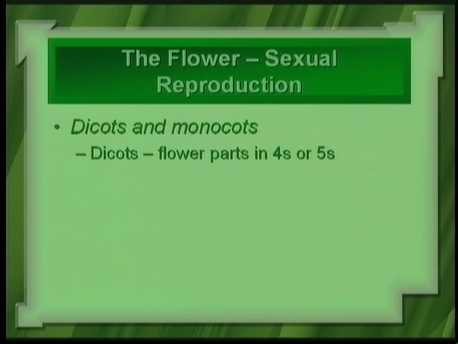Now here we're going to talk about dicot flowers and monocot flowers. We've seen so far several differences between dicots and monocots, and here's another one. Dicots tend to have their floral parts in 4s or in 5s. The Rafflesia that we saw earlier is actually a dicot.